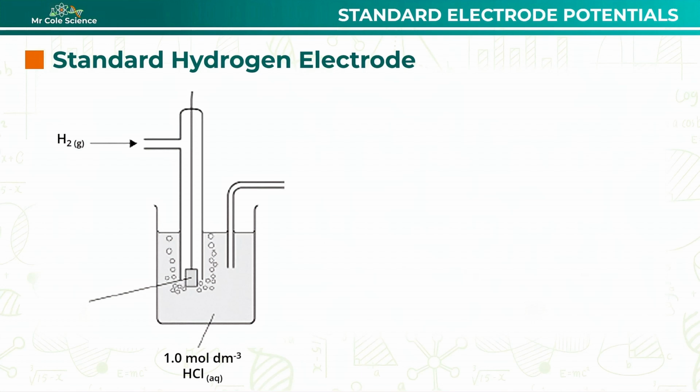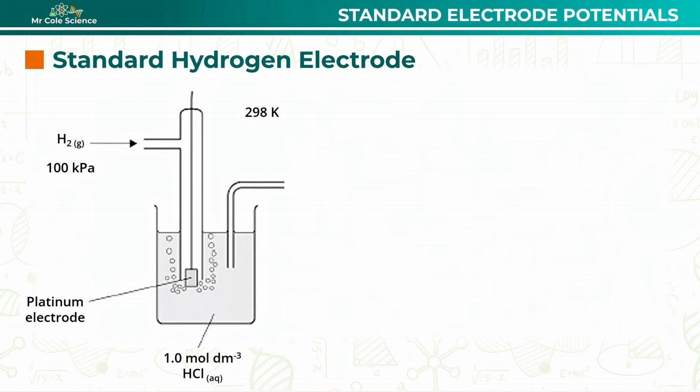to give you the 1 mol dm^-3 solution of aqueous H+ ions. Now that hydrogen gas needs to be bubbled in with a pressure of 100 kilopascals, and the whole system needs to be kept at 298 Kelvin. There is also a platinum electrode that is used as a surface for the oxidation or reduction reactions to occur on.